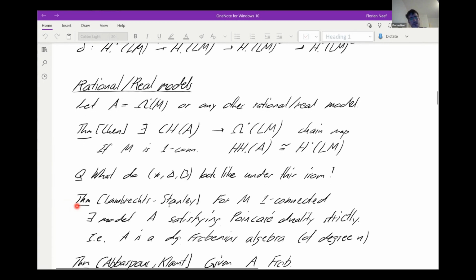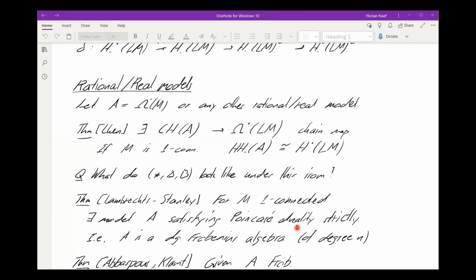So for that, we need to first recall that if M is a simply connected manifold, then there exists a very good model for cochains, in the sense that they satisfy Poincaré duality strictly. So it's a finite dimensional algebra that has an inner pairing that is non-degenerate.